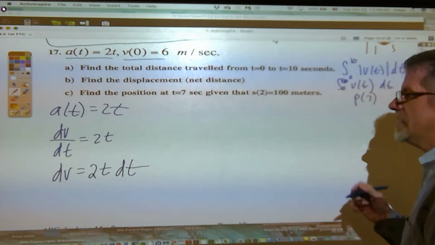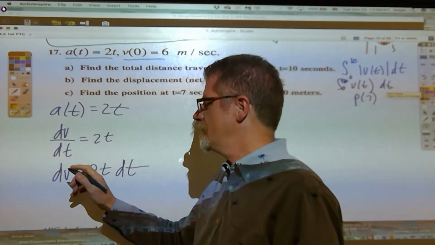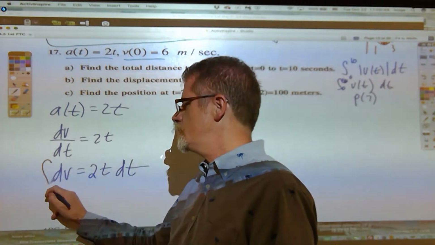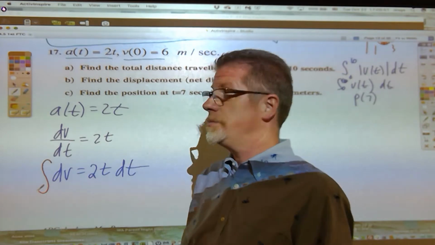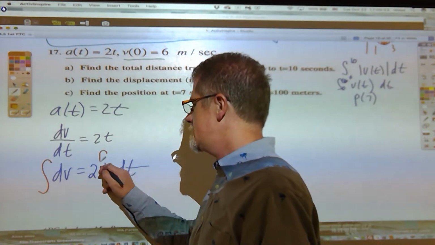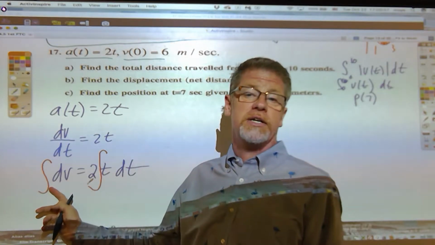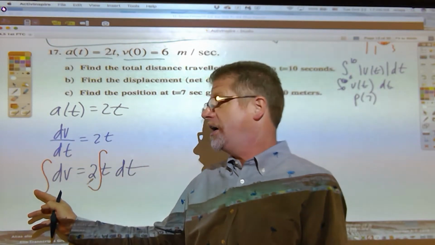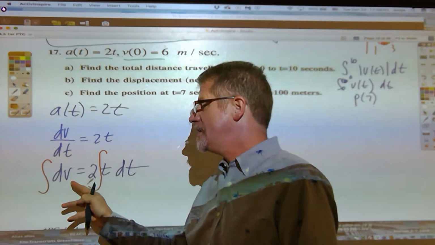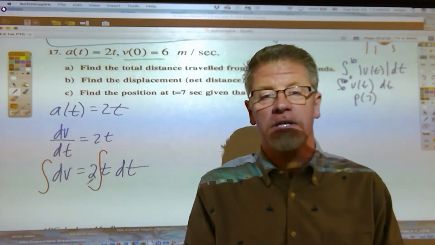Now let's go to the integrate part of separate and integrate, which involves a swoosh, an antiderivative symbol on the left and an antiderivative symbol on the right. We have an empty canoe. It's like the antiderivative of no one's home, dv. But when no one's home, we know that's really what number?